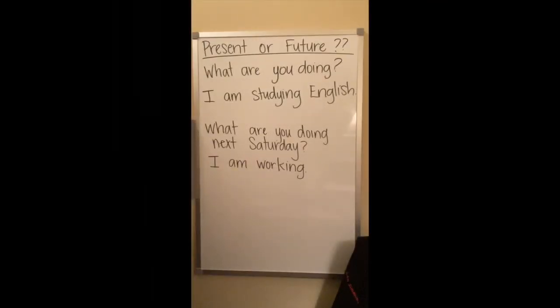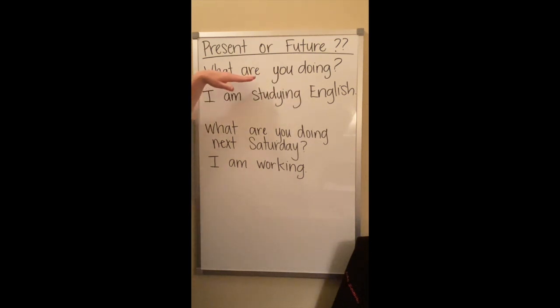Let's look at these sentences and their context, the situation that they're being used in. So I have a question here. What are you doing? What are you doing? This question is asking about right now. Okay, this is a present tense question. What are you doing at this moment, right now? So this is present continuous form of the question.